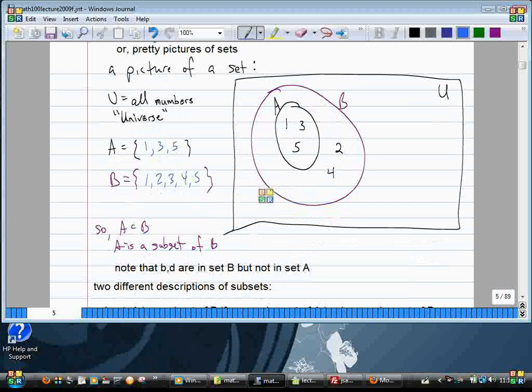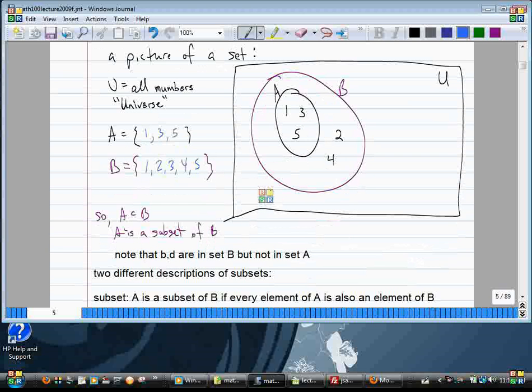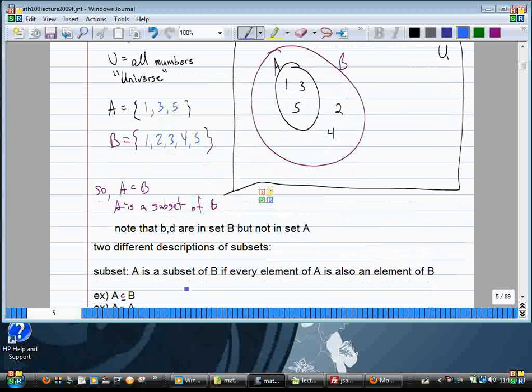So the formal definition of a subset is to say that A is a subset of B if every element of A is also an element of B. So for example, in this example, what are the elements of A? 1, 3, 5. Are those also in B? Yeah, of course, like we just said. Therefore, A is a subset of B.